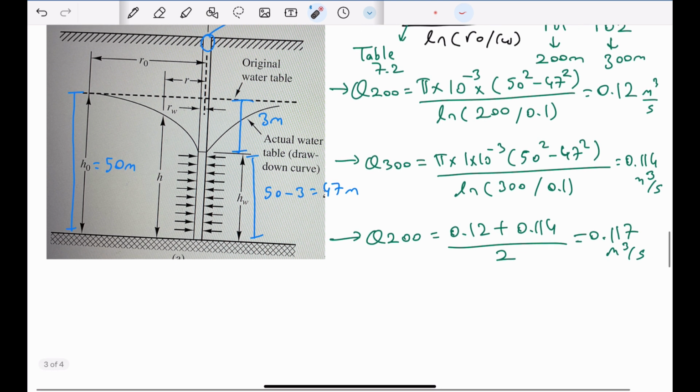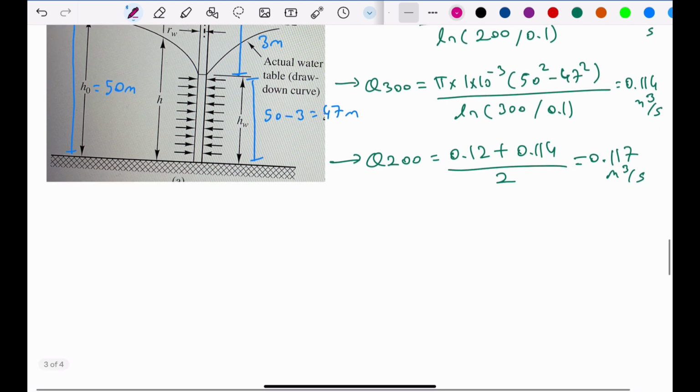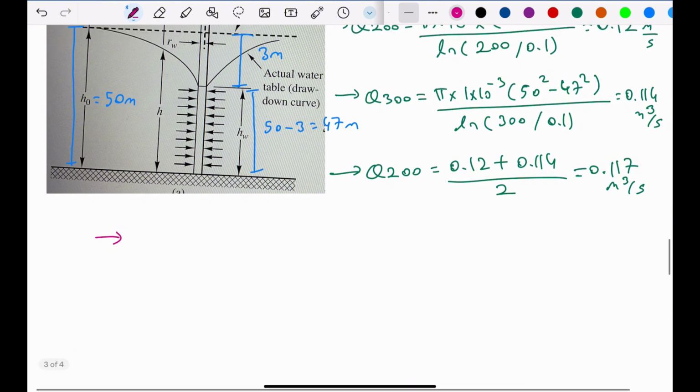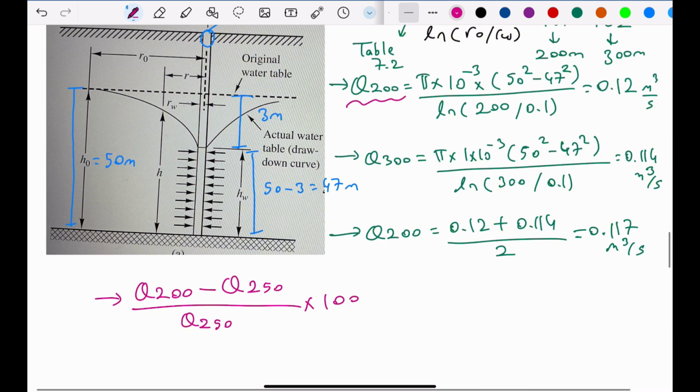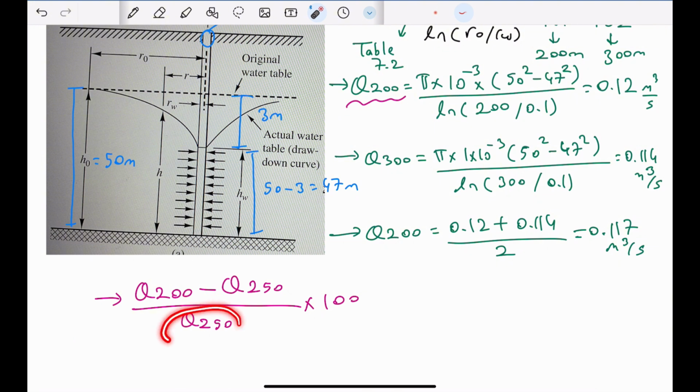And to find the change in error, for example, if we take 250 value as reference and if we deal with 200, by doing that, we can see the change in the discharge when we take this value as reference.